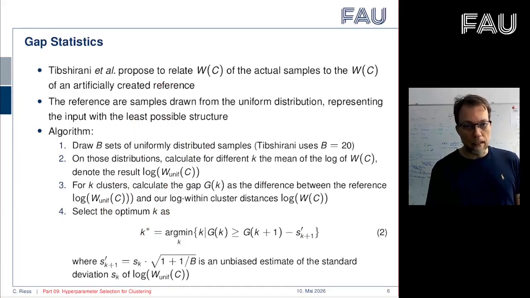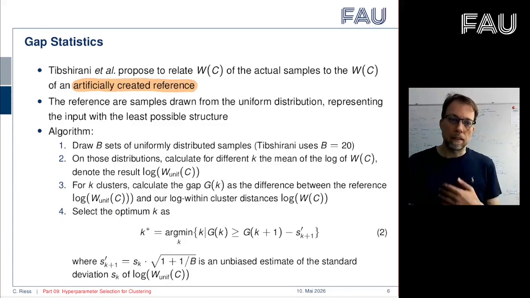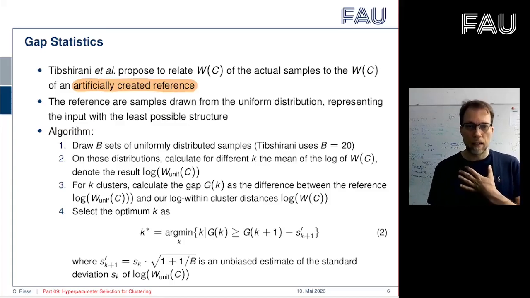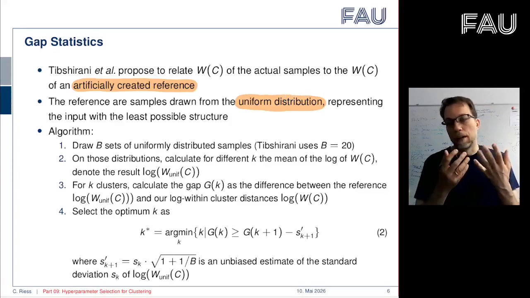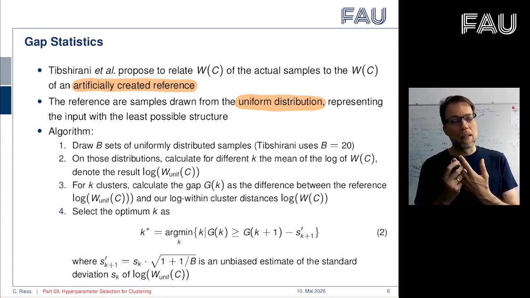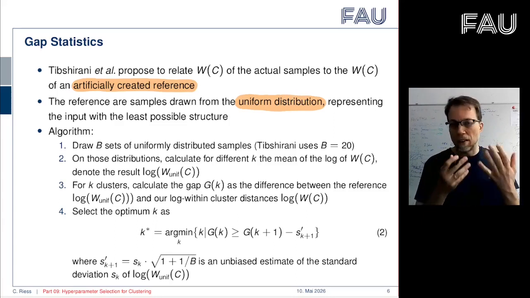So the idea is to create an artificial reference for the within cluster distance and say, okay, for that reference, I use samples that are drawn from a uniform distribution. And why a uniform distribution? A uniform distribution is something where actually I cannot learn anything from that structure.